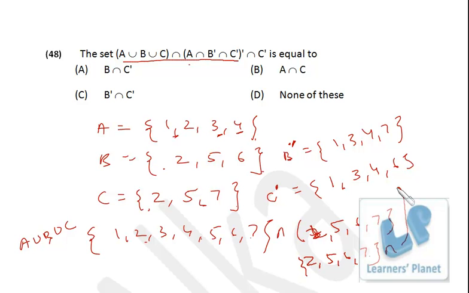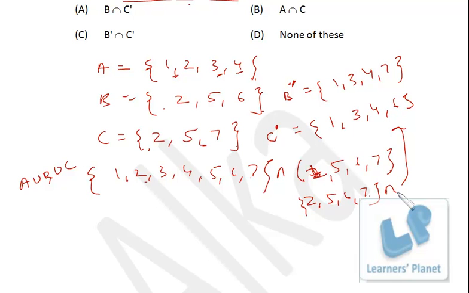Between 2, 5, 6, 7 and 1, 3, 4, 6, only 6 is common. So we are getting the answer as 6. Now we just match with the options. B intersection C dash: B is 2, 5, 6 and C dash is 1, 3, 4, 6. Only 6 is common, right?